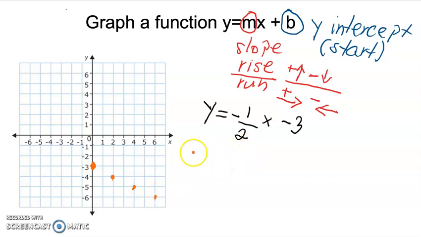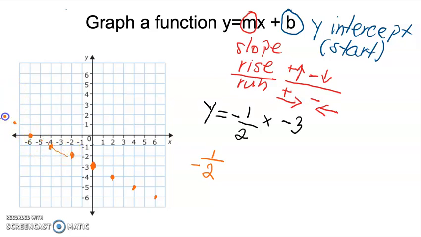Also, let's say if you have a graph and there is no more space, we can also look at it as 1 is negative and this 2 can be negative. So we would go 1 down and 2 to the left. Okay, so you're going to get the same line, and then let's see if I will be able to connect the dots.